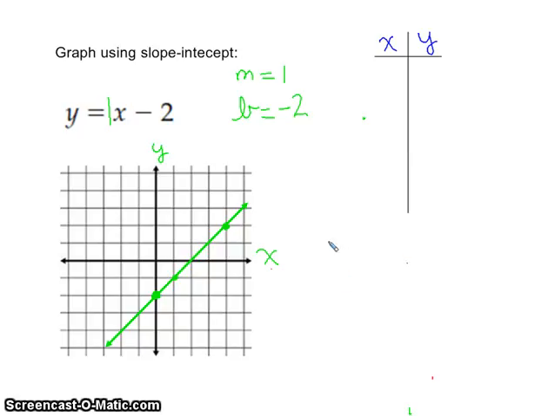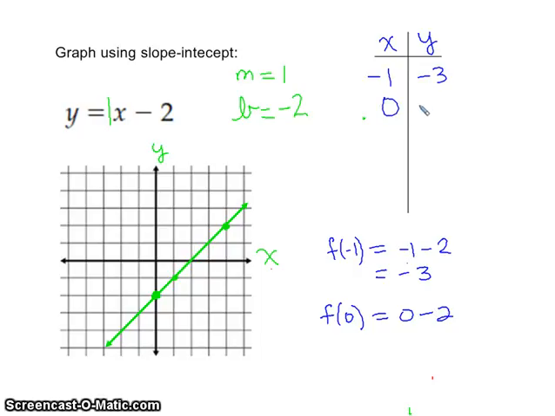So let's find f of -1, for example. We'll have -1 minus 2, and that gives us -3. So (-1, -3). If we have f of 0, that would be 0 minus 2. So that's -2. Or f of 1 would be 1 minus 2, or -1.